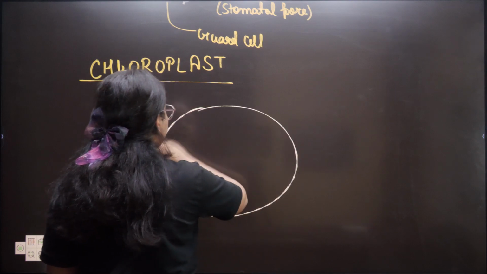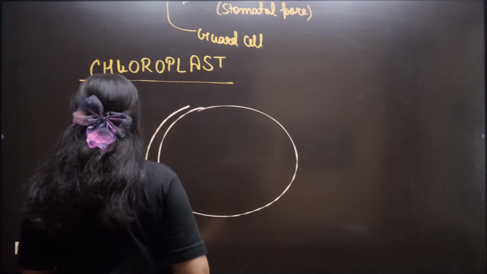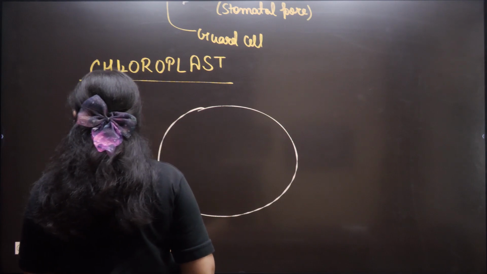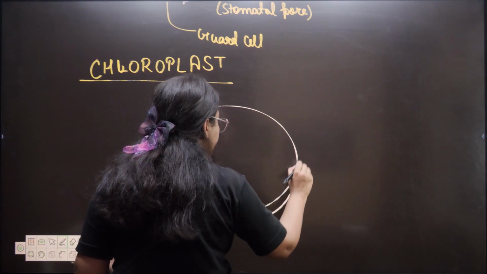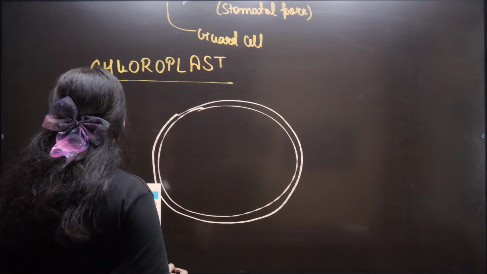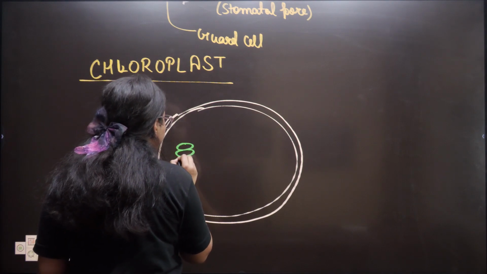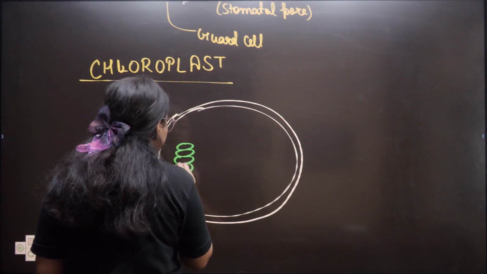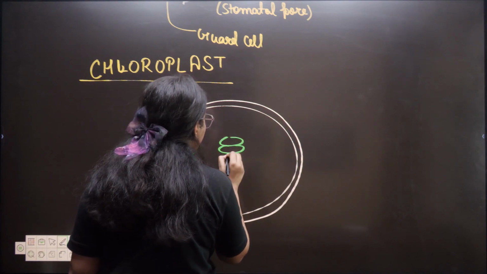So let's draw one membrane, and then one membrane outside, the second membrane. Okay, so outer and inner membrane is done. Now we will have the coin-like projections making a stack.